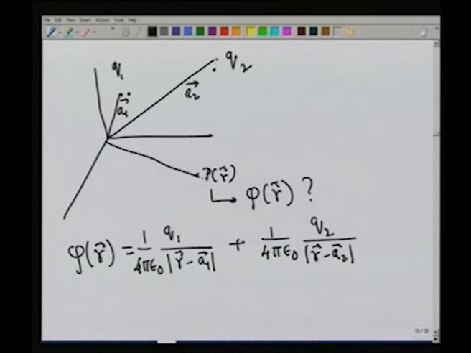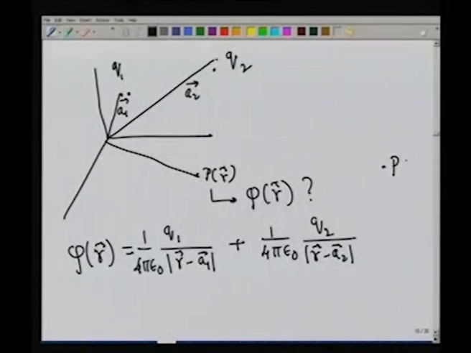On the other hand, if my P is somewhere here which is roughly equidistant from these 2 points, that is mod r minus a1 and mod r minus a2 are comparable, then both of them make comparable contributions. And what is the final thing? If I were to choose my point P at this particular point, let us say, that is my r is much larger than either a1 or a2, then what would we find?